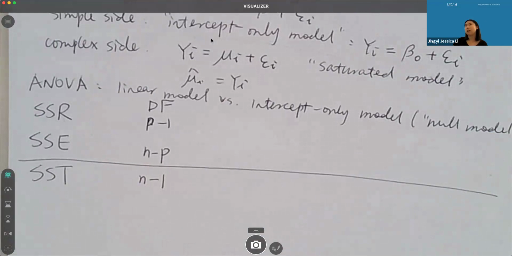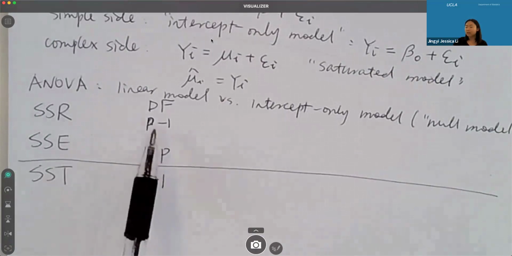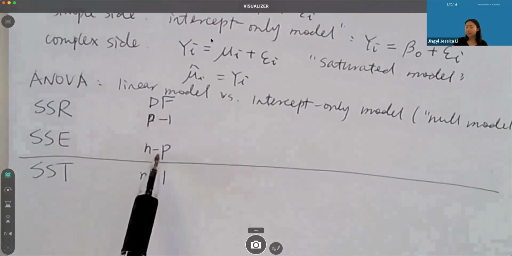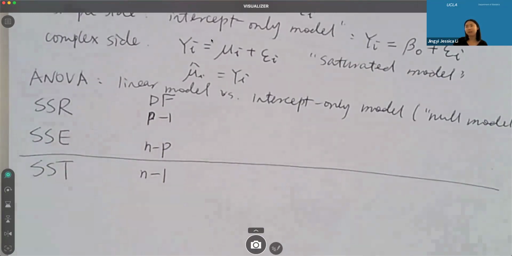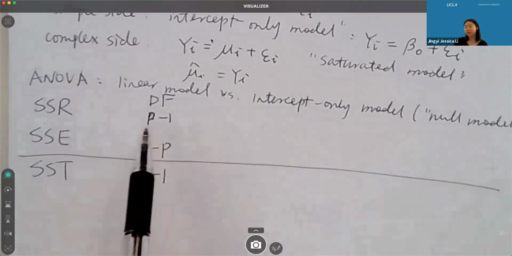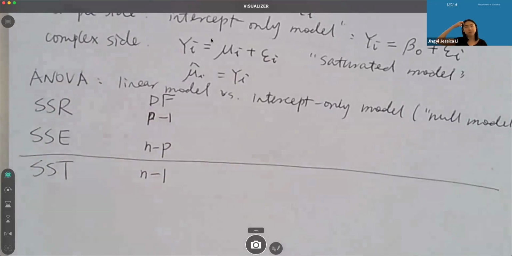When we use the residuals to derive an unbiased estimator for sigma squared, the degrees of freedom is n minus p, because the p parameters in the model take away degrees of freedom from the residual. And if we want to add up these two degrees of freedom to n minus 1, then we have SSR. So how do we interpret this SSR, the model degrees of freedom?